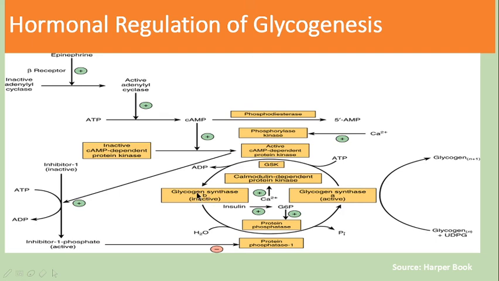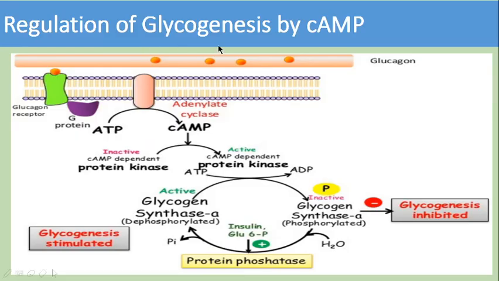So glycogen synthase, which was in the phosphorylated form, has become, in the presence of insulin, an active, dephosphorylated form. So glycogenesis will take place. Regulation of glycogenesis by cAMP: adenylate cyclase will convert ATP into cyclic AMP, which in turn will activate the enzyme cAMP-dependent protein kinase. In the absence of epinephrine and glucagon, this protein kinase will be inactive.